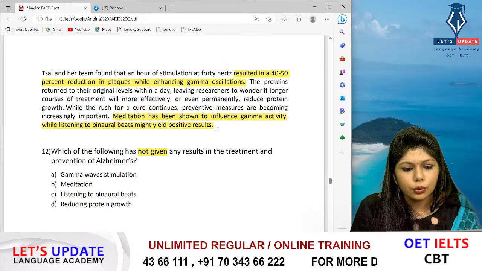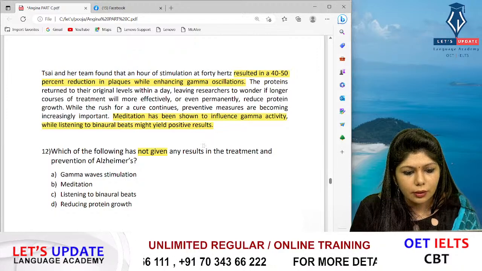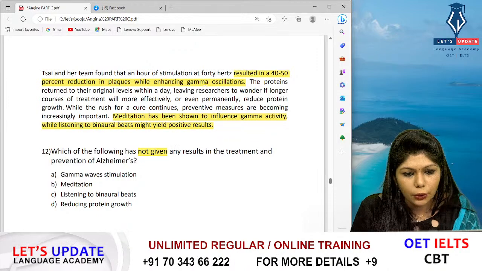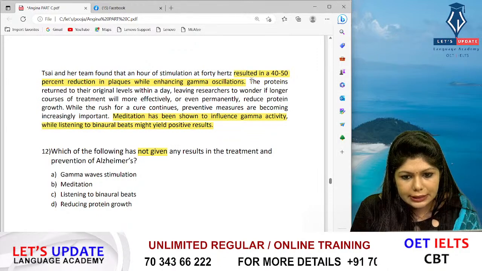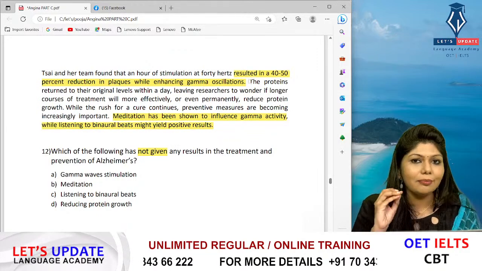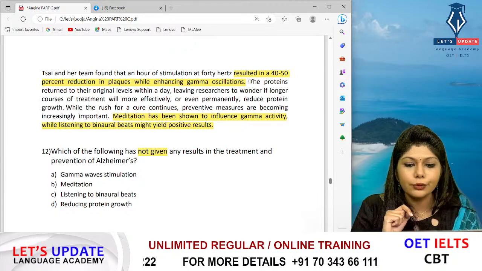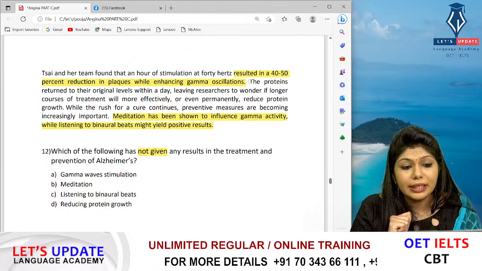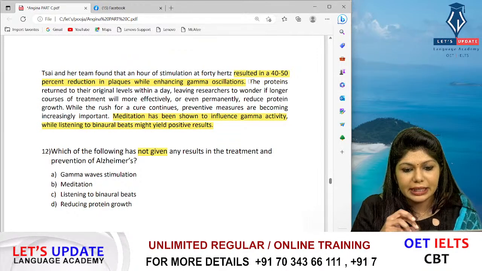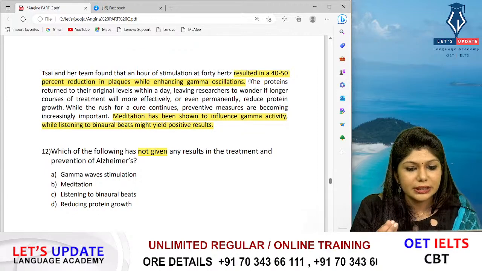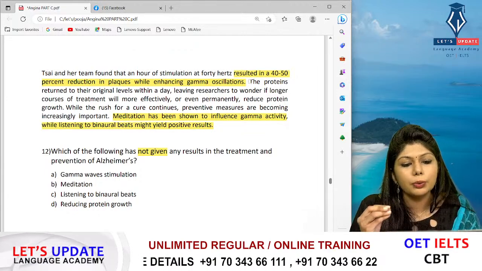Okay, so now it's option D, that is reducing protein growth. Look at this sentence. The proteins, okay, they have mentioned something about proteins. So what have they mentioned about proteins? That is something we have to look at. The proteins return to their original levels within a day, leaving researchers to wonder if longer course of treatment will more effectively or even permanently reduce protein growth.